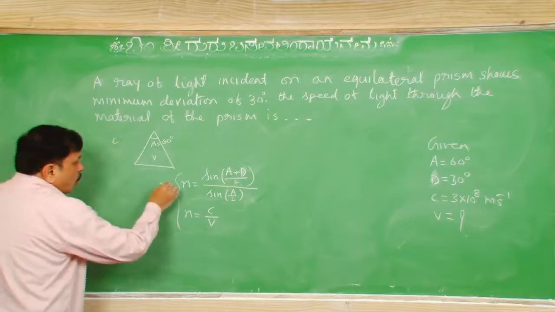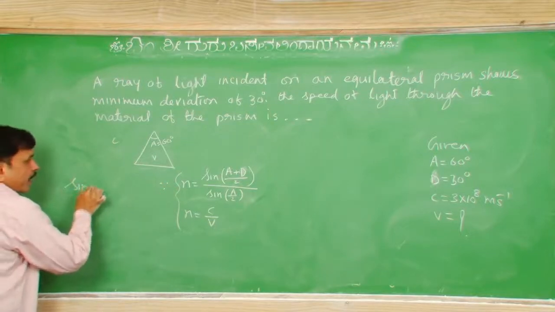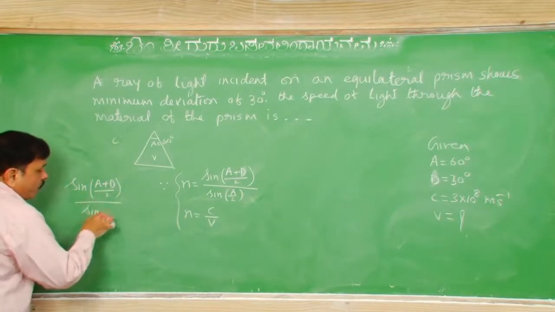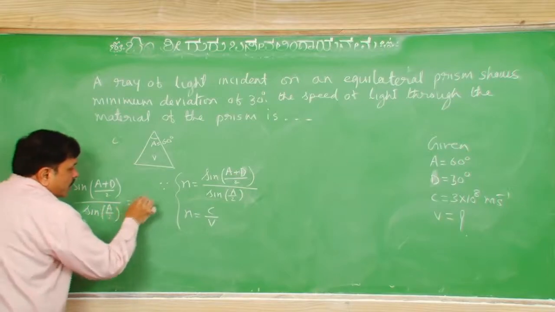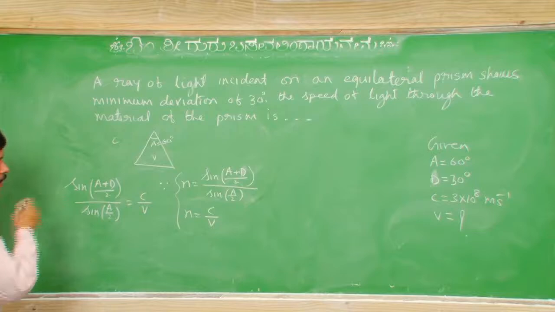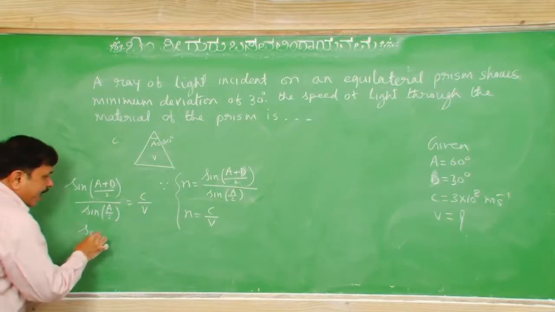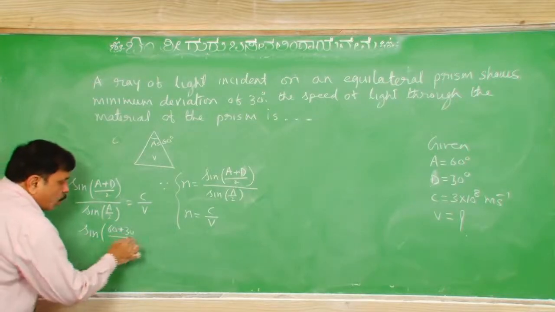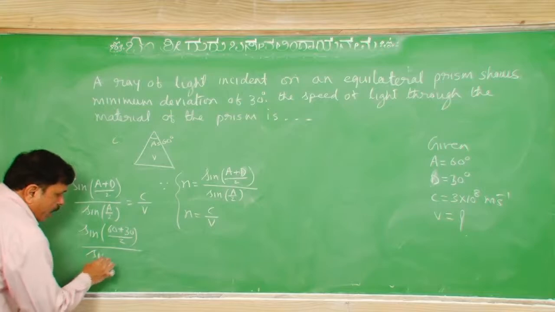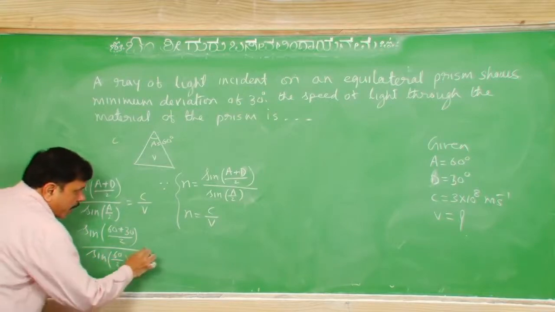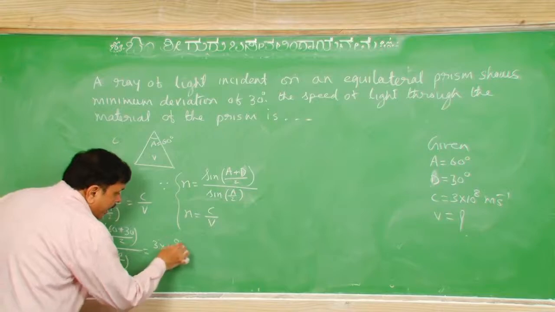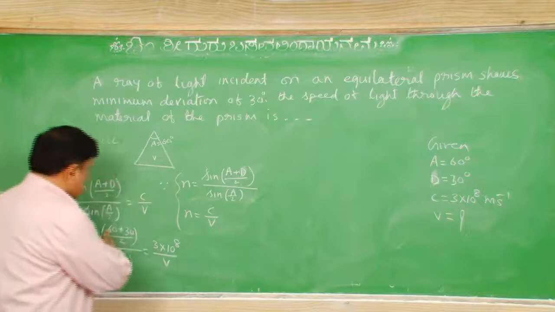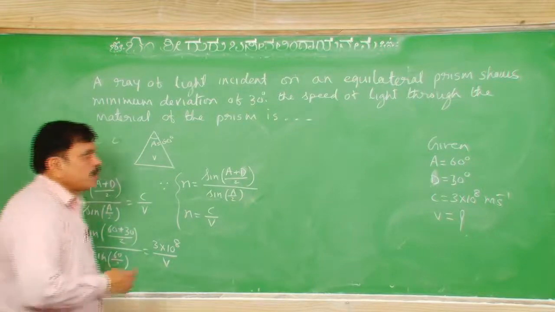We will equate the two. It will become sine of (A plus D) by 2 whole divided by sine of A by 2, equal to C divided by V. We will first put the values: sine of (60 plus 30) divided by 2 whole divided by sine of 60 divided by 2, equal to 3 × 10 power 8 divided by V. Now, 60 plus 30 is 90, and 90 by 2 is 45.